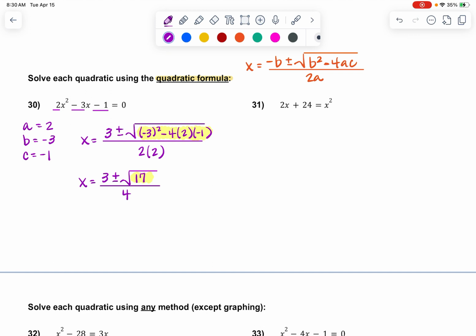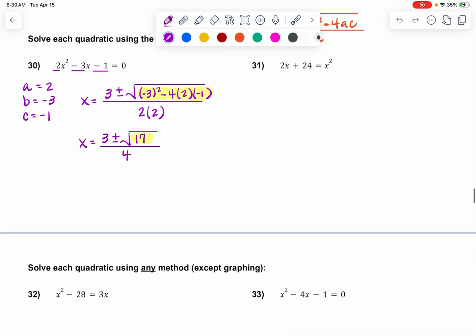So these are my answers, right? Remember, this is 2 solutions, 3 plus the root 17 over 4, and then 3 minus, using the minus sign, over 4. So I'm going to split that up and write it as 2 ordered pairs, right?